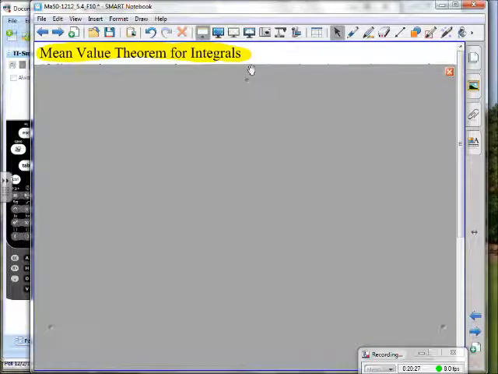Well, we're going to look at this thing called the mean value theorem. The mean value theorem. Okay. What's the mean? Another word for mean, mathematically speaking? Average. Okay. Do we have a mean value theorem for derivatives? Okay. And that said, let's go back and review here.